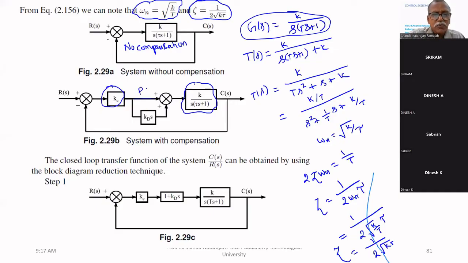This line is proportional compensation. This is derivative error compensation. If you add these two, we know from block diagram reduction, this is 1, gain is 1. Therefore, this can be written as 1 plus KDS. This is Kc.